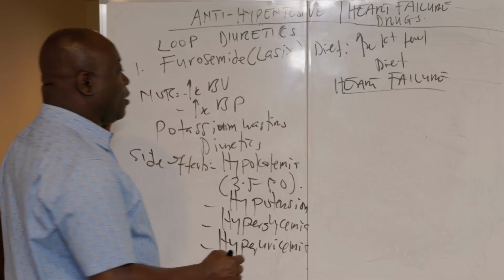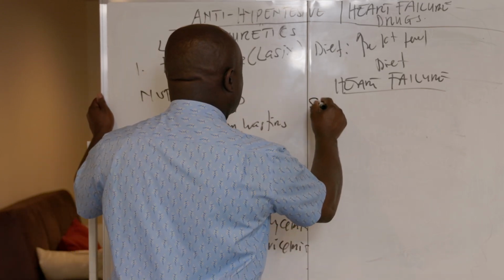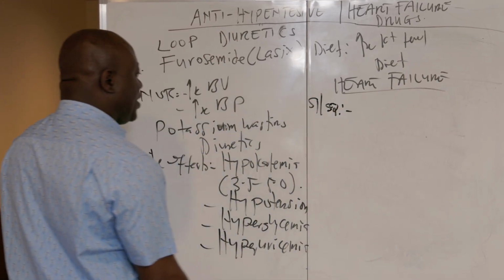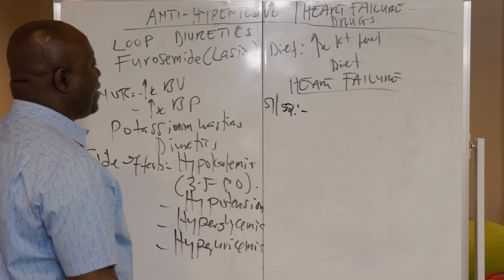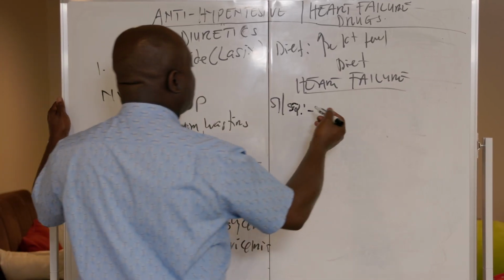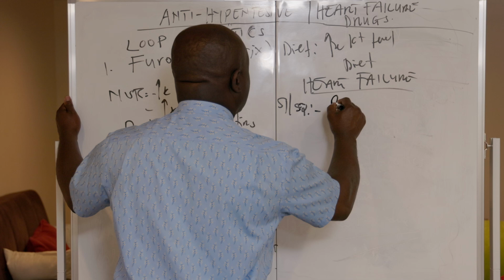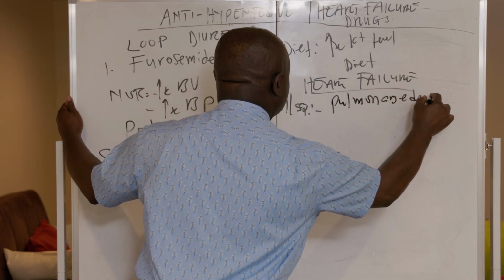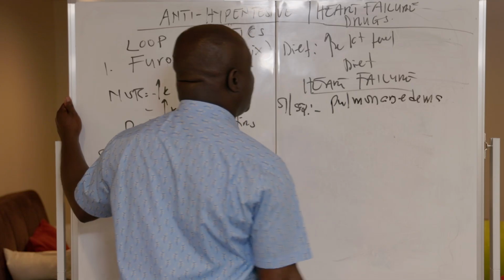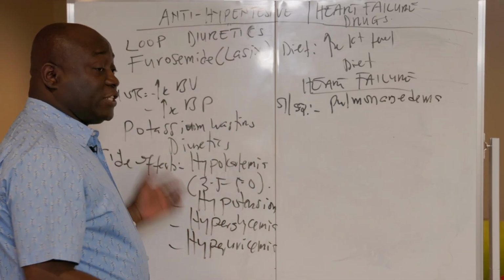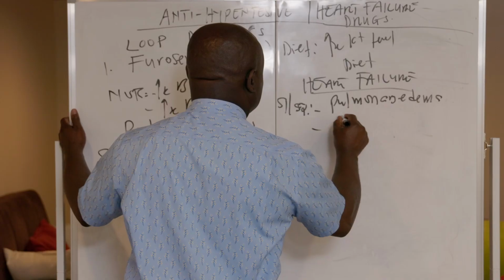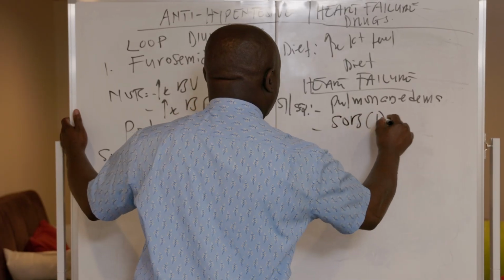So now let's talk about some symptoms of left-sided heart failure. If somebody has left-sided heart failure, the client will develop what is called pulmonary edema. So pulmonary edema is a manifestation of left-sided heart failure. Now, obviously, if you have a lot of fluid in the lungs, you're going to experience shortness of breath, or dyspnea.